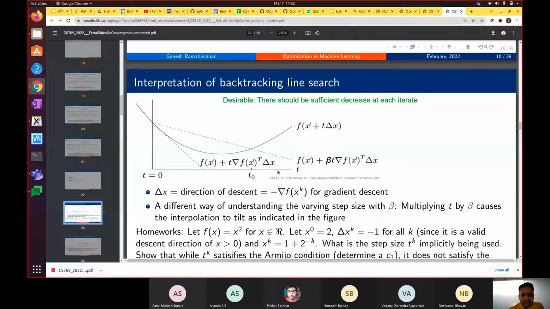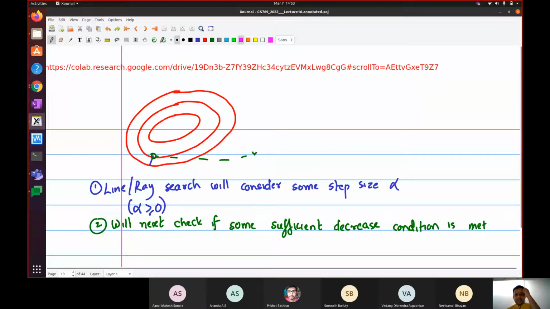So this is what we are concerned about. We don't want to take such a big step that we have exceeded, or are tending to, the value from where we began, right? That's exactly what Armijo conditions look at. I'll put that clip in later on.